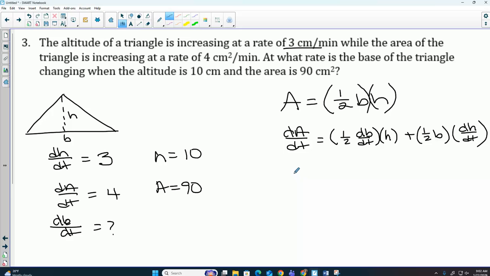So dA dt was 4 equals 1/2. My H is 10. I don't know dB dt. Plus 1/2. My base, I didn't give you that. dH dt is 3. Now if I'm trying to find dB dt, I'm going to have to figure out my B right here. How would I do that?